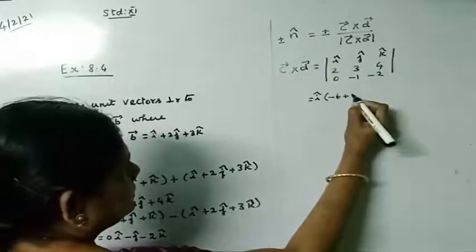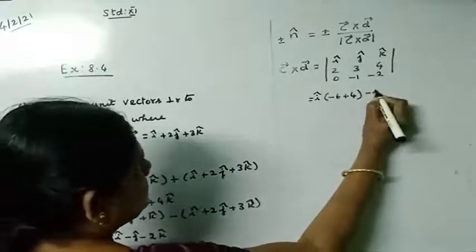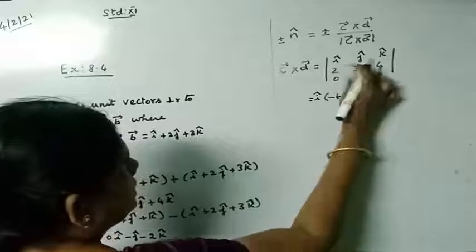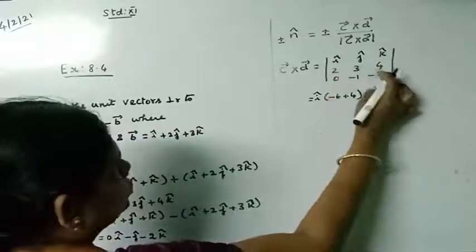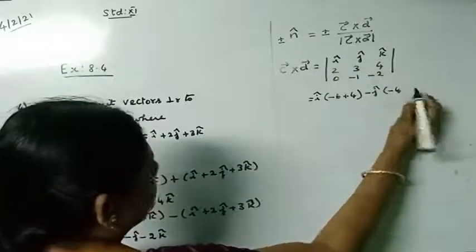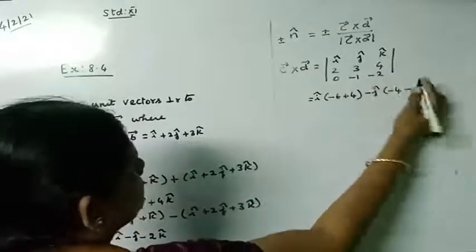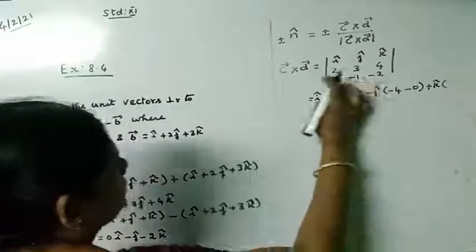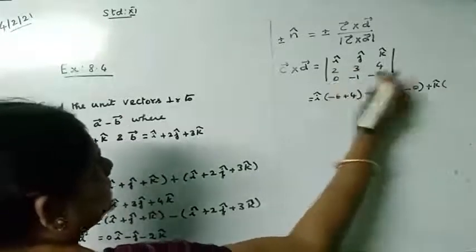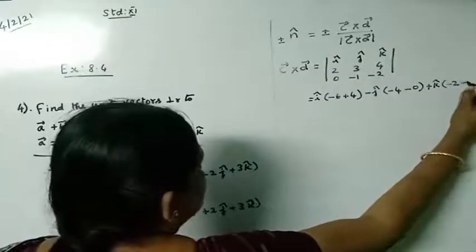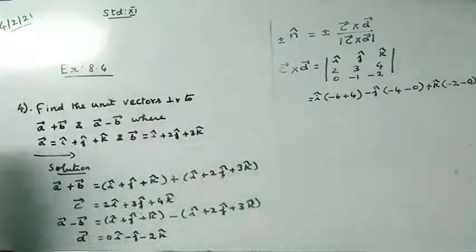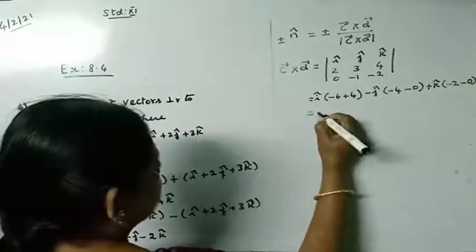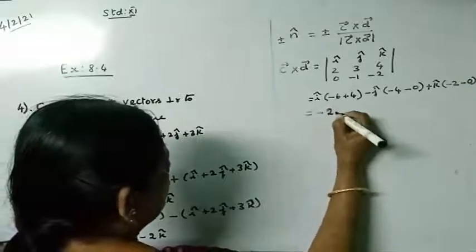Here there is a minus, so it becomes plus 4. Minus j cap of, take these 4 numbers. So 2 2s are 4, minus 4 into 0, 0. Plus k cap of, take these 4 numbers. So minus 2 minus 0. So minus 6 plus 4 is minus 2. So which is equal to minus 2 i cap.